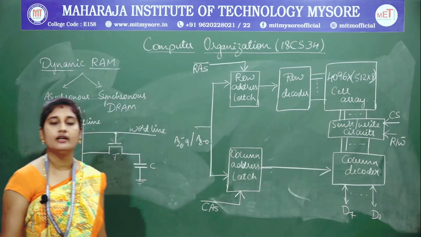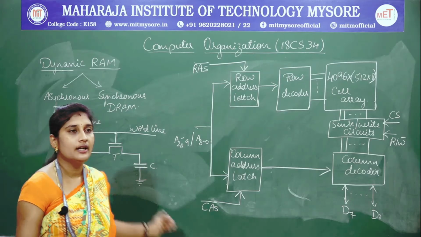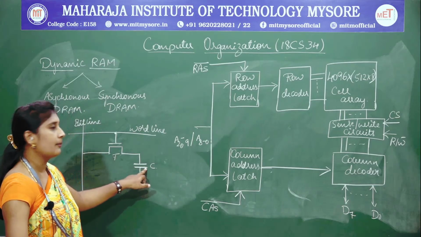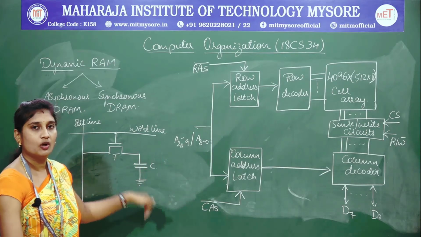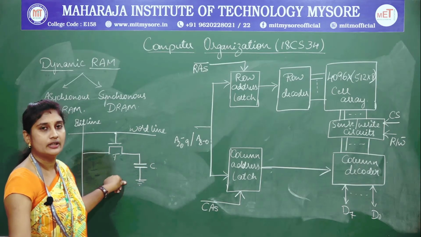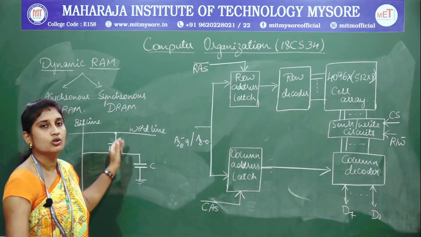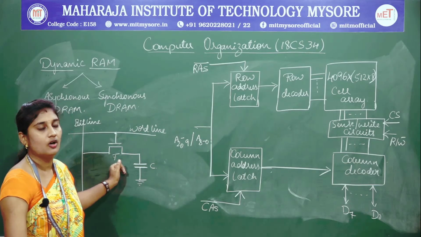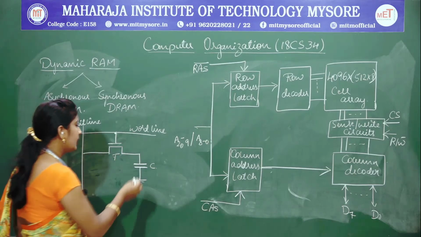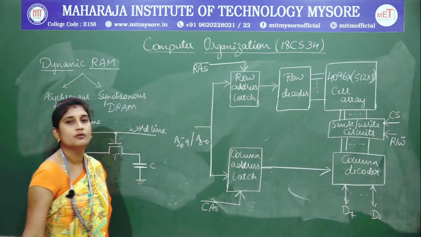So you can read the contents from the dynamic RAM cell if the capacitor charge is up to the threshold value. If it is below the threshold value, you cannot read the content. Also, to perform a write operation, the capacitor should have the full charge.